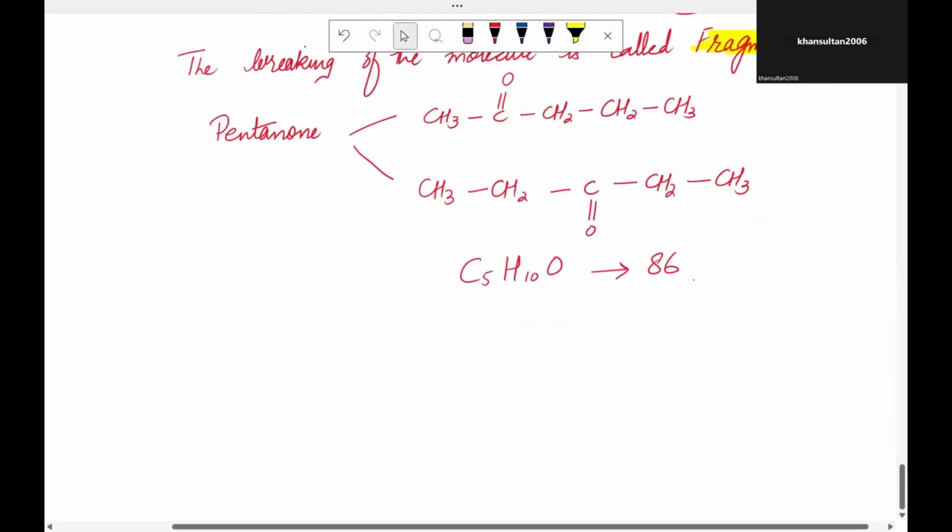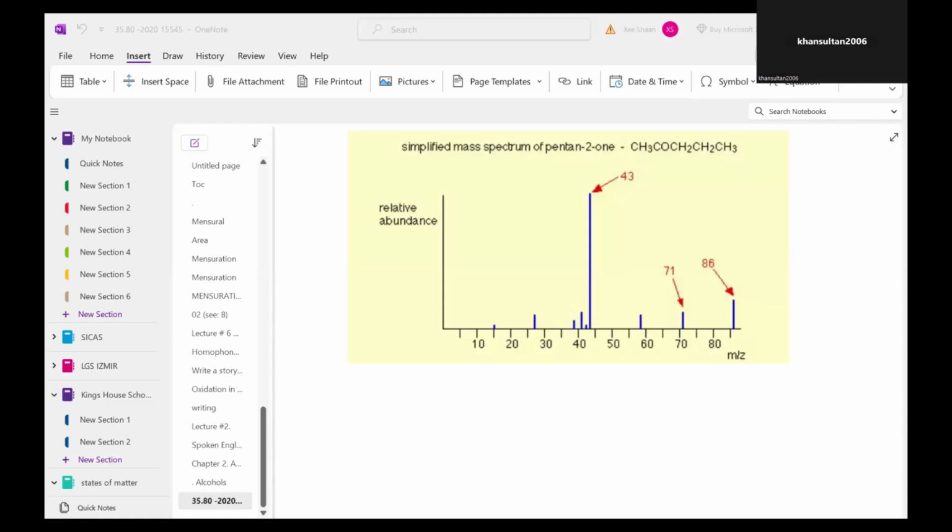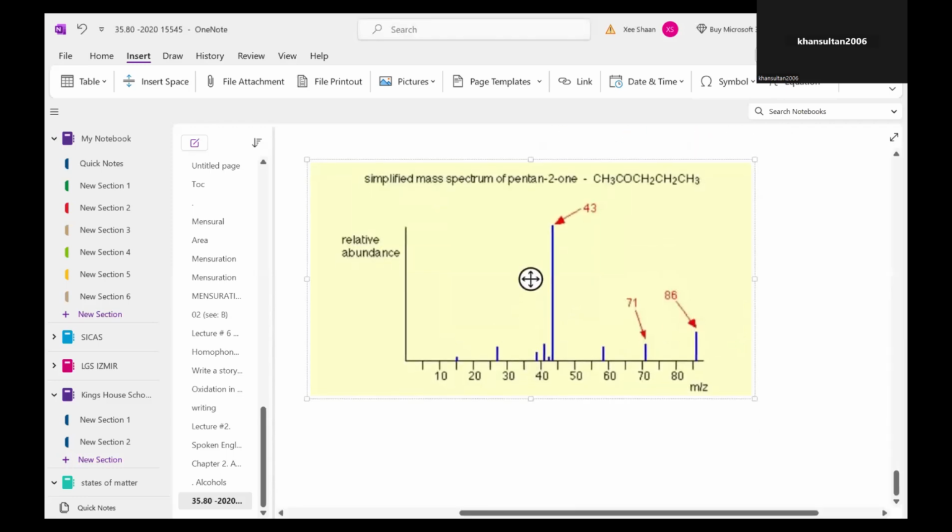Now, let's see about its structure. Pentanone has a molecular mass that we have just discussed, and that is 86.